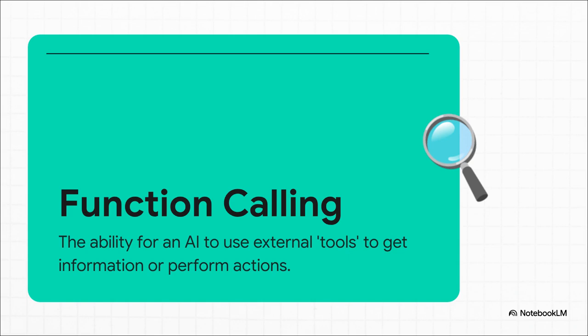It's that moment when the AI brain realizes, hey, I can't answer this question with just the information I have. So it makes a decision to use an external tool like an API or a database to find the answer or to perform an action. This is the leap that turns a simple conversationalist into a powerful assistant that can actually get stuff done. It's a total game changer.